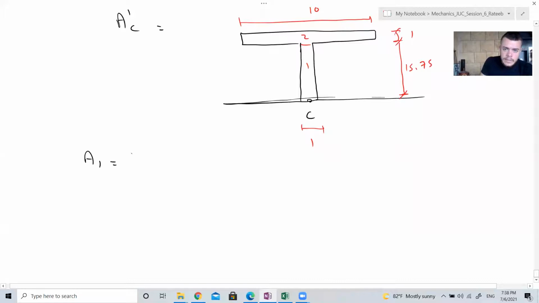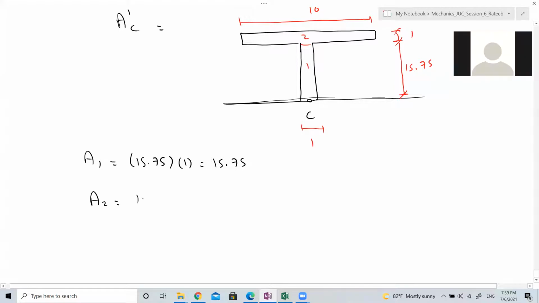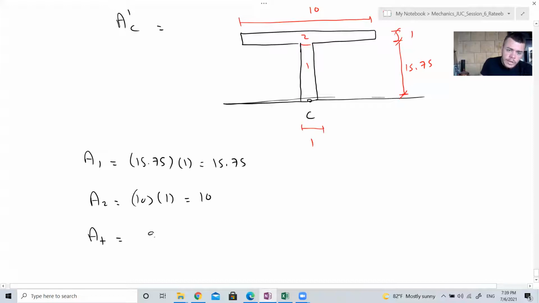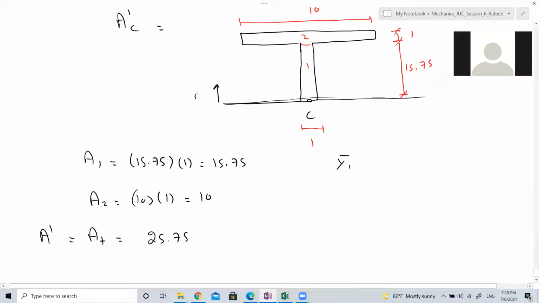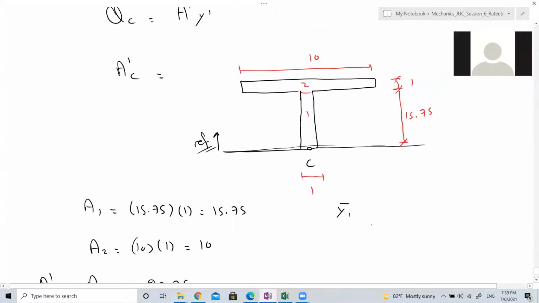Area 1 is 15.75 times 1, which is 15.75. Area 2 is 10 times 1, which is 10. And area total is 25.75. This is exactly A prime. Like this? Correct. Y1 bar, what's Y1 bar?